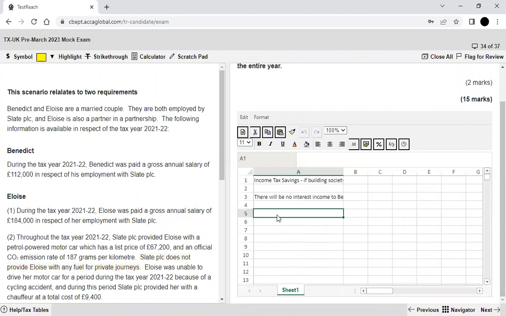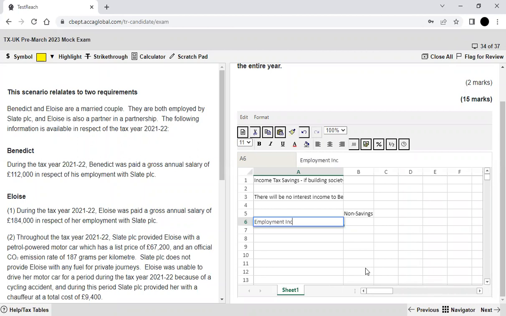My doubt was right. Now, would there be any interest income?